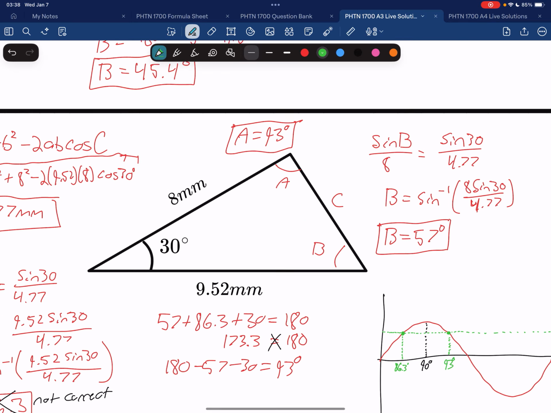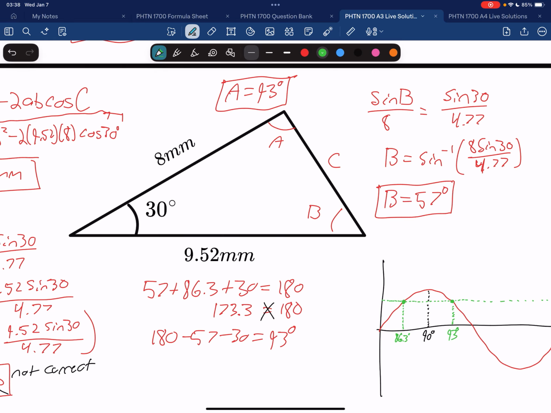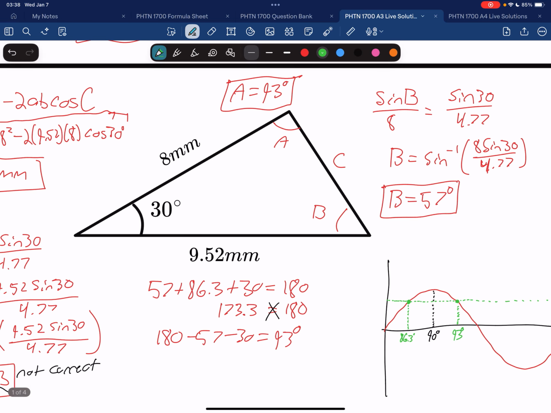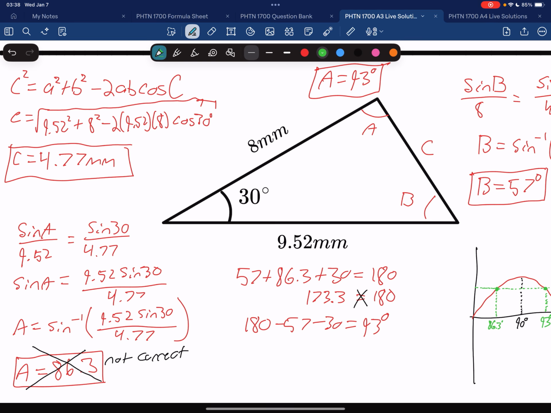So we must take the next one, which is 93. And so because of rounding, what I should actually have said is that this should be 87. So I'm going to call this 87. And this will make sense in a second as to why.